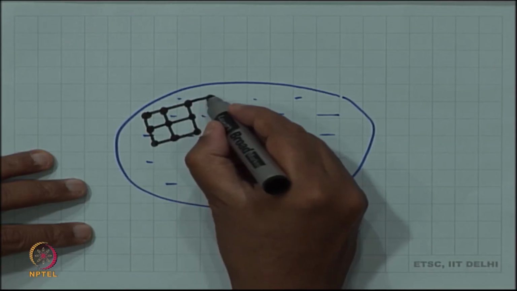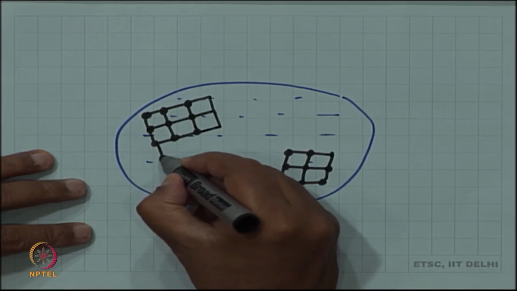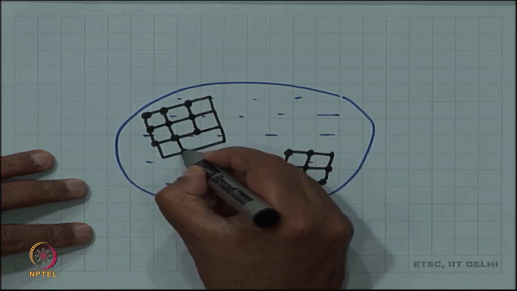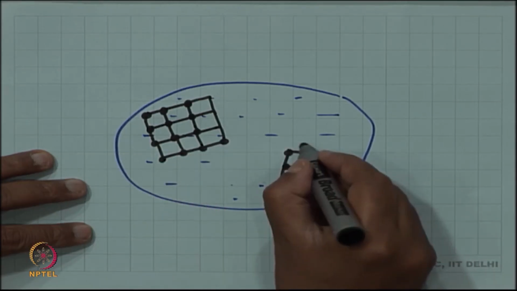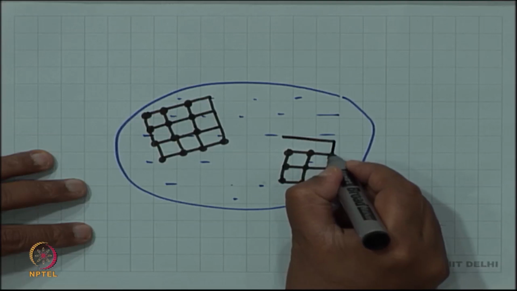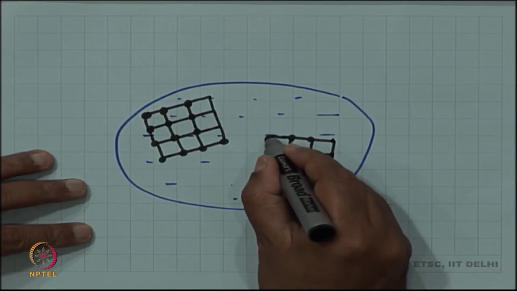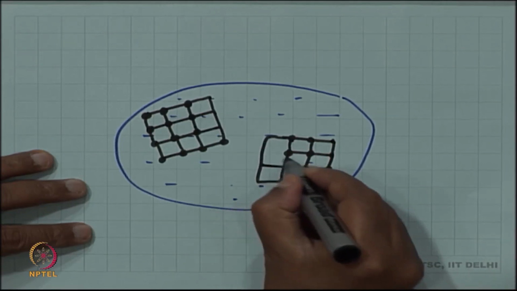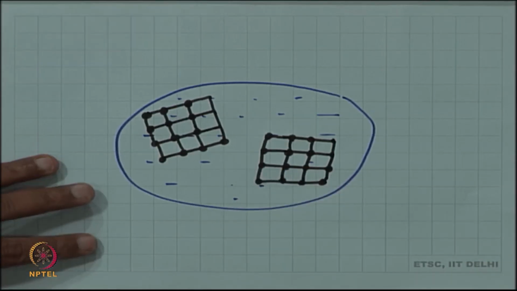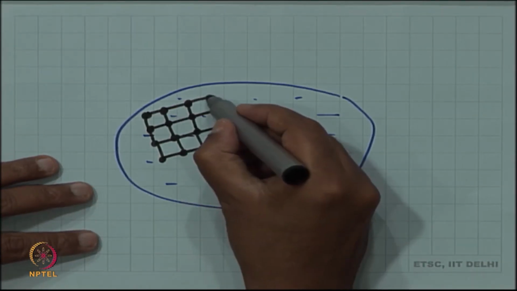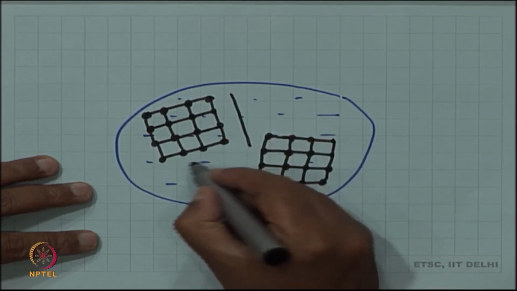And then as more and more unit cells join up, this crystal will grow in time by adding more unit cells. This crystal will also grow by adding more unit cells. And as you can see, in this growth process, sooner or later they will meet each other.